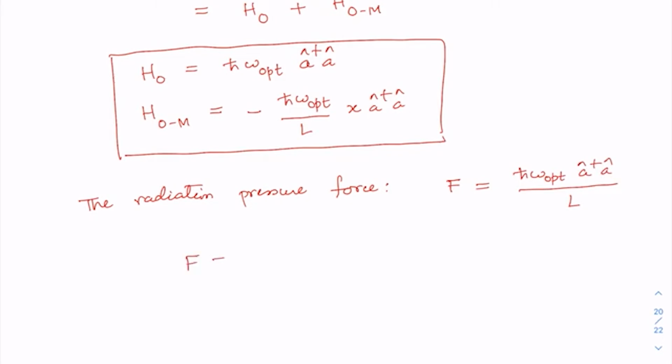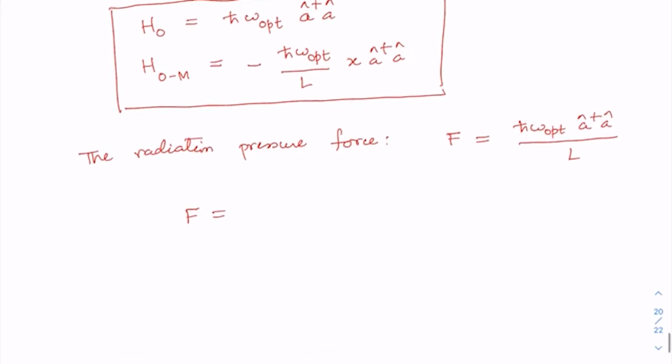Earlier we got this expression that the force is basically rate of change of momentum, and if there are n number of photons getting incident, and for each photon the change in momentum after it is getting reflected from the mirror is say delta p, and this is the time.